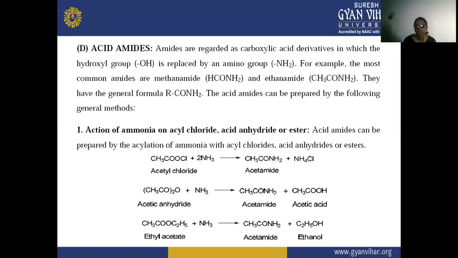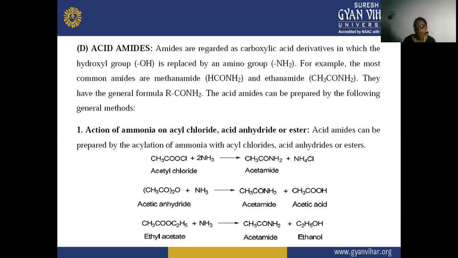So in this case there is a formation of ethanol. Again, this is the first method of preparation of acetamide: the action of ammonia on acyl chloride, acid anhydride, or esters, and acetamide is formed.